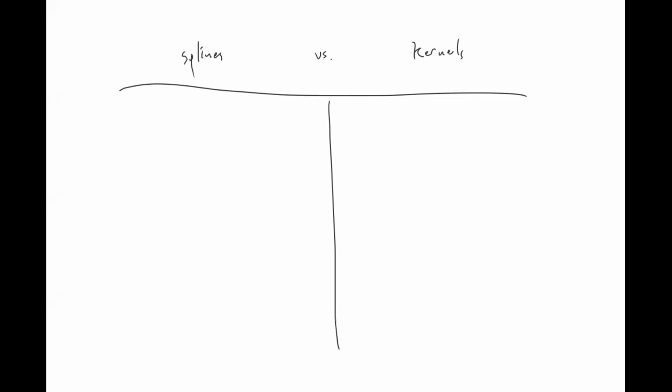So splines: faster computational speed, slightly simpler to set up, especially with multivariate, and clarity of controlling the curve directly, right?